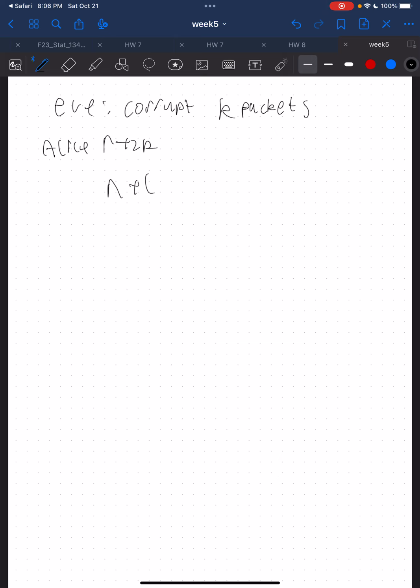And so in doing this, we will see that n plus L packets are sent.